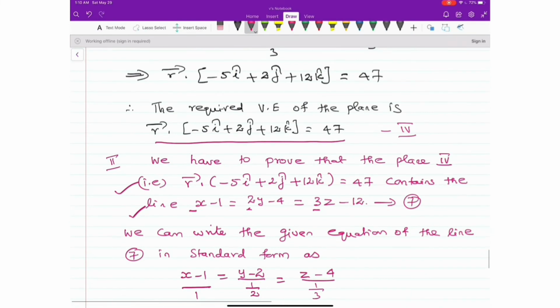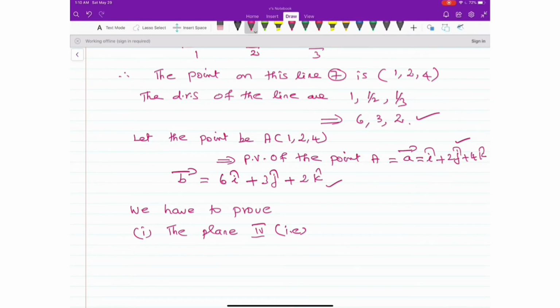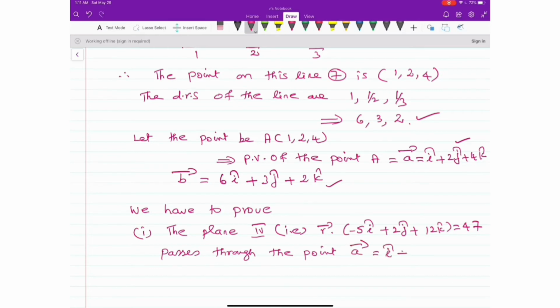We got it as r vector dot minus 5i cap plus 2j cap plus 12k cap is equal to 47, passes through the point with position vector A, i cap plus 2j cap plus 4k cap.